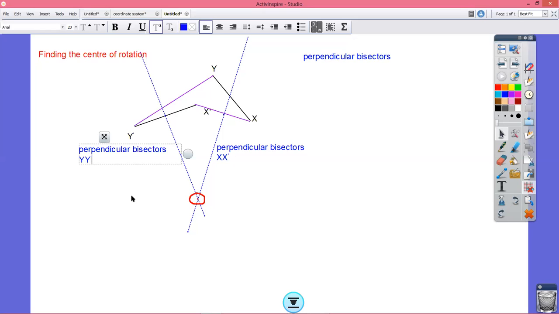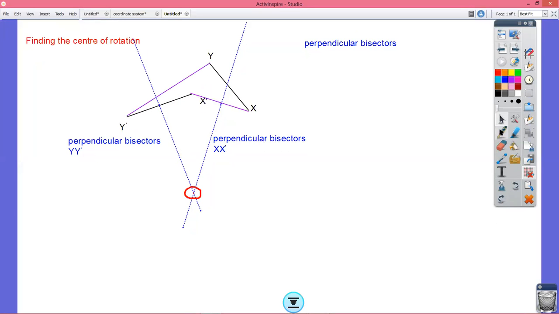Now, with this one we finished. This is the center of the rotation. This is the center of rotation.